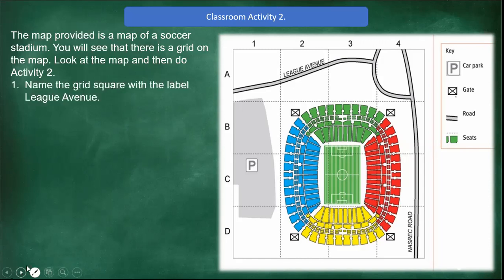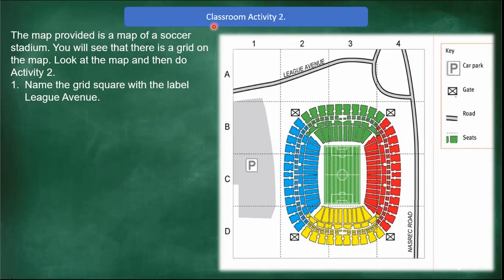Name the grid square with the label League Avenue. Michaela.